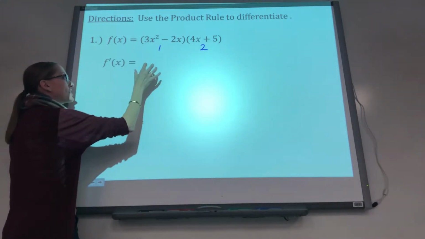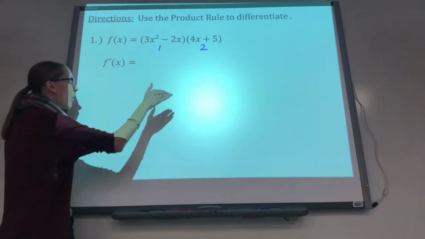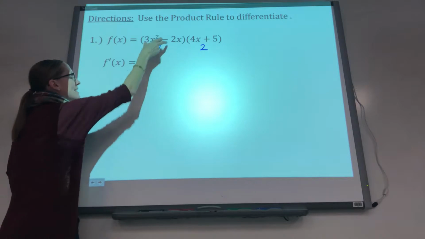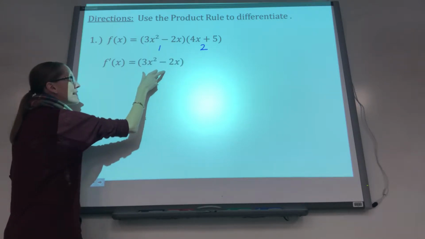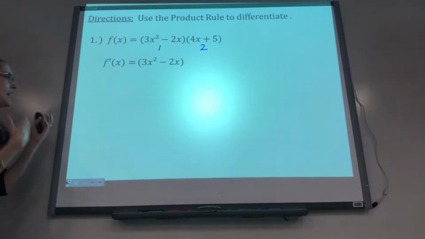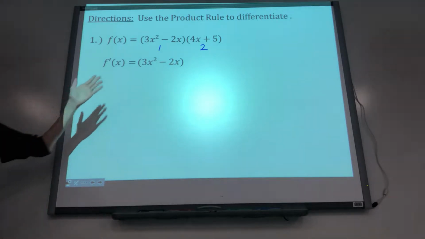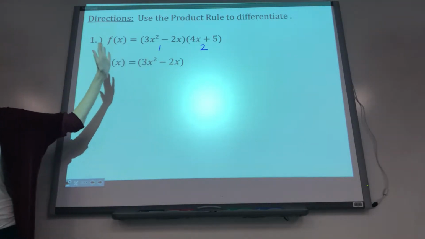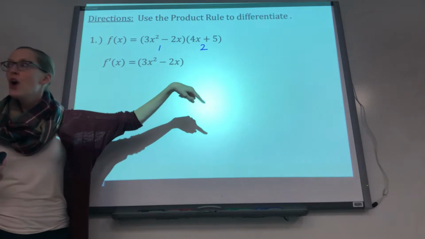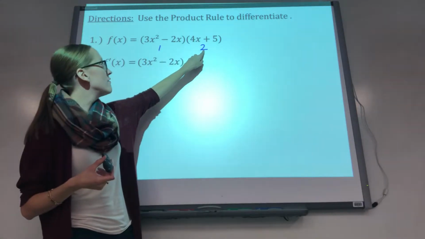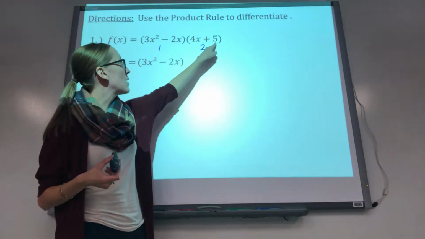Here we go. I'm going to find the derivative following that catchy little saying. It starts out with just 1. You don't have to do anything to it. I would probably keep it in parentheses. 1 is 3x squared minus 2x, but now I have to do d2, the derivative of the second part.